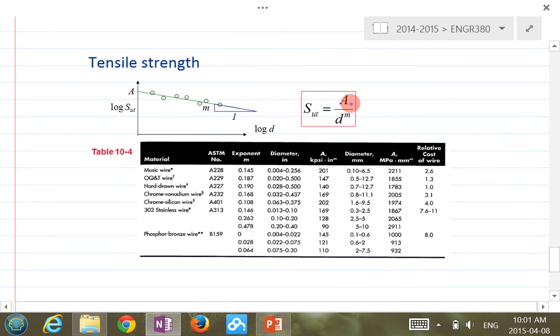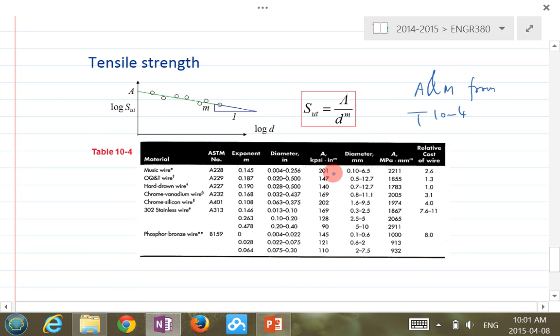So what are A and m then? d is the wire diameter. A and m are from table 10-4. If you look at table 10-4 here, for music wire, m is this much for this range of diameter.